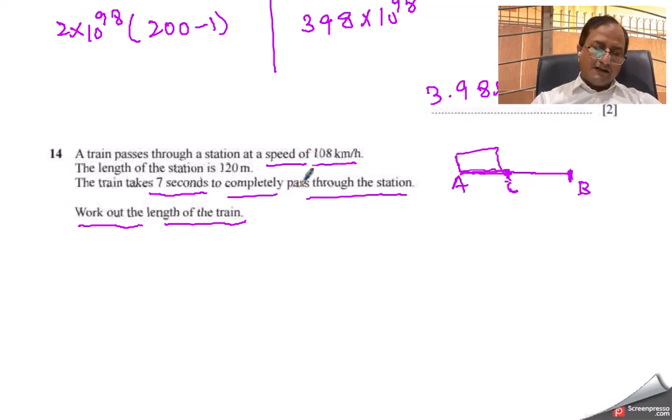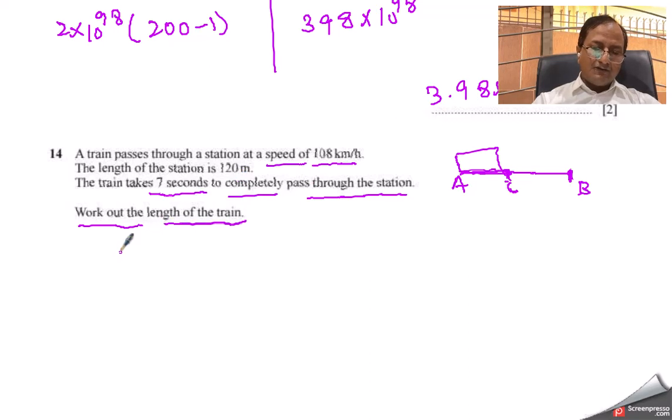We're supposed to check how much distance the train covered in 7 seconds. The speed is given as 108 km per hour. We have to change kilometers per hour to meters per second because the time is given in seconds and the length of the station is given in meters.